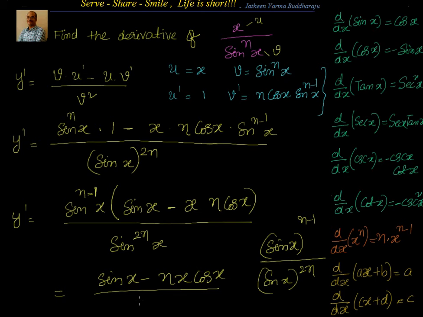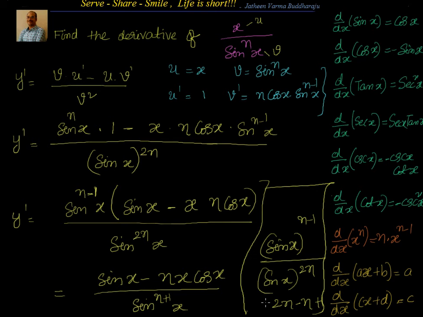So how will this become? This is nothing but sine. I will have 2n. If I bring n minus 1 to the denominator, it will become minus n plus 1. That is sine to the power of n plus 1 x. Not to confuse you, let me just erase this part.